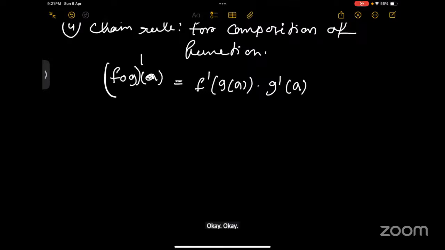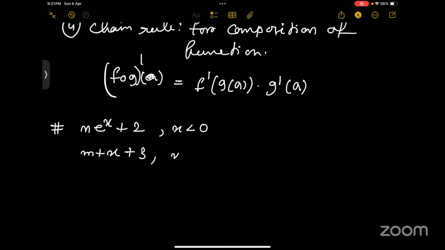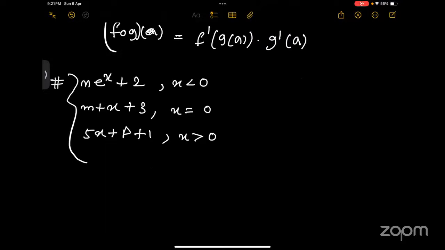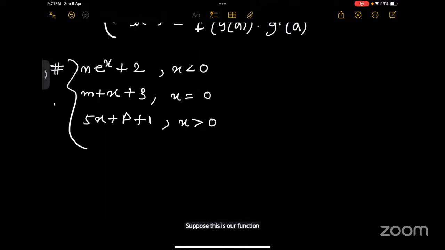Okay. So these are the main concepts. We can now solve an example. Suppose this is our function f, and we have that the function is continuous.